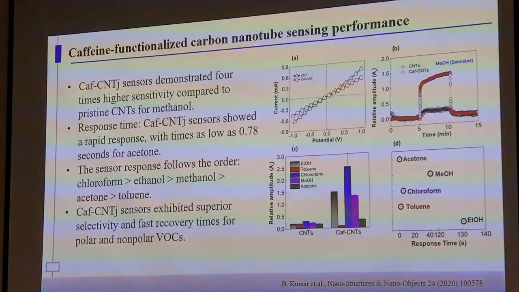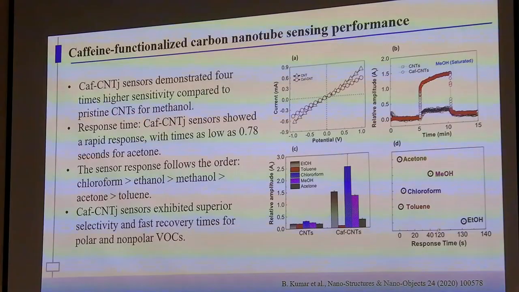We also tested conductivity with respect to caffeine deposition, before and after caffeine. Here you can see before caffeine, here it's after caffeine. So we don't lose conductivity in that case because we are using a very small amount of caffeine at the junction. Here is a very sharp signal for on and very sharp signal for off.